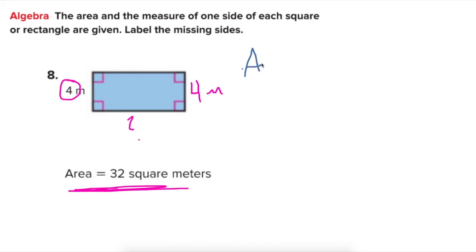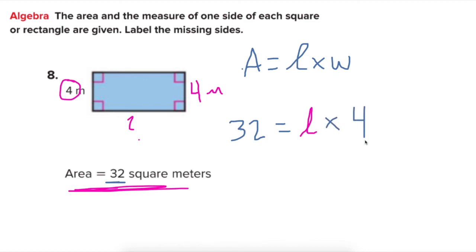Well, if A equals length times width, let's fill in the blanks that we have. Area, which I have, is 32 square meters. That equals, well, I don't have a length, so put length as purple, times my width, which is 4.